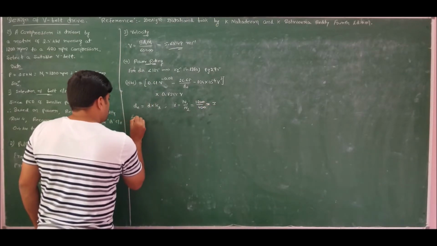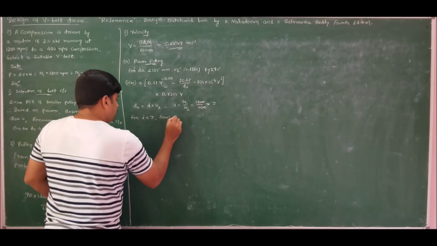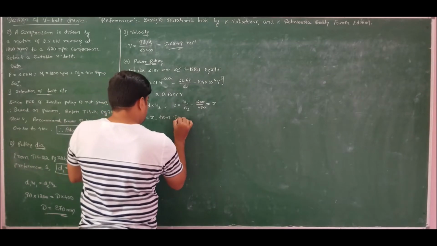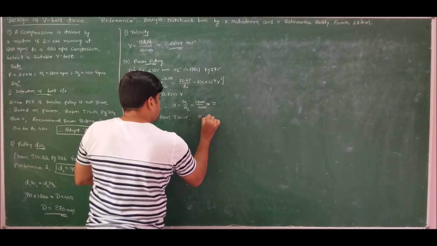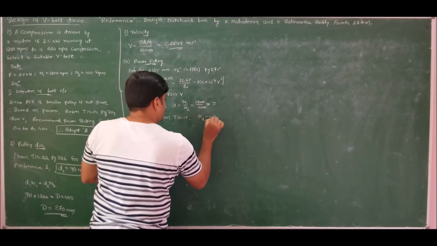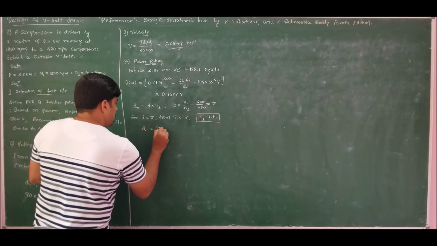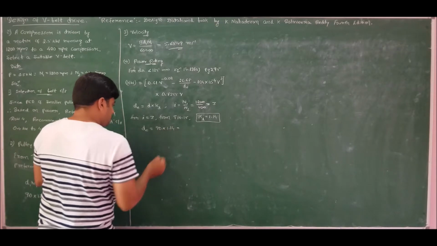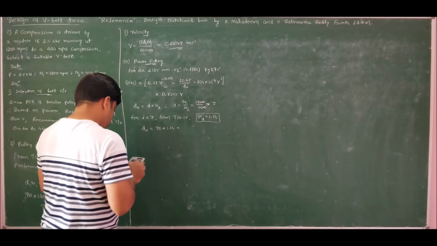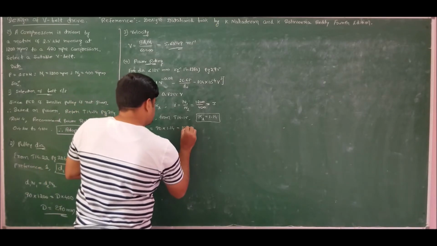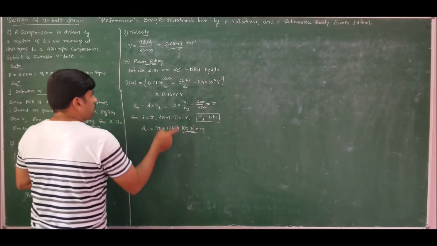So for i equal to 3, from table 14.15, we have the smaller diameter factor Kd, which is turning out to be 1.14. Therefore the equivalent diameter will be 90 into 1.14, which is nothing but 102.6 millimeters. So now we know all the values.